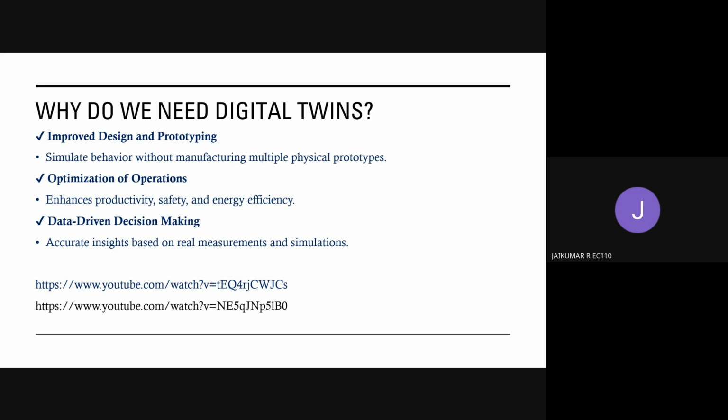You don't want to add a physical component to your physical machine. Already you have a digital copy of your original machine, so virtually you can add the extra component to improve the functionality without spending much time and cost. By using this, you can improve the functionality of the prototyping, as well as your design.